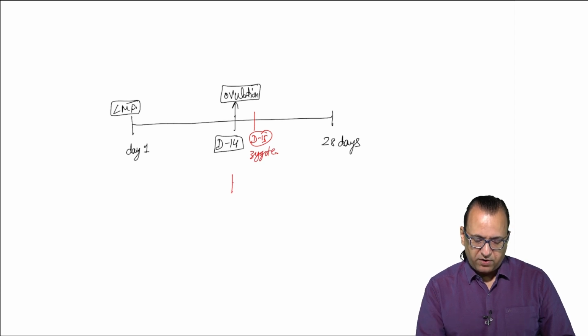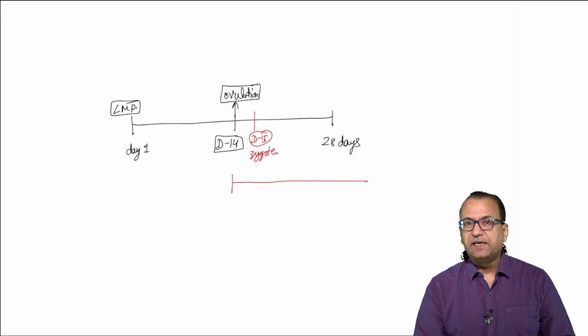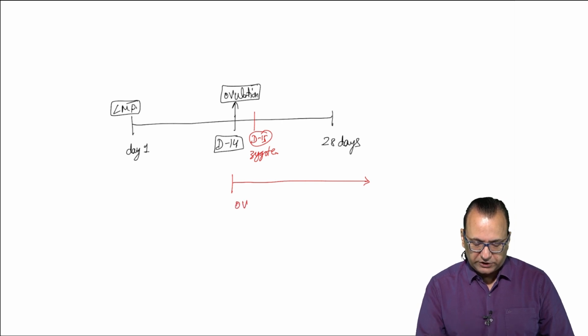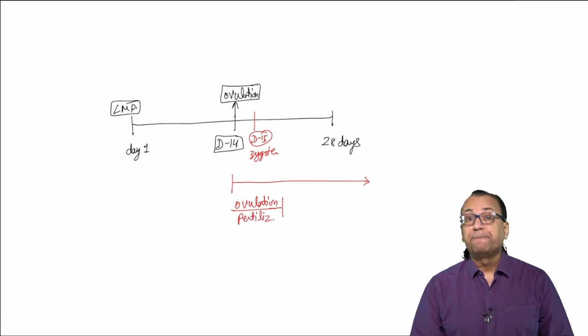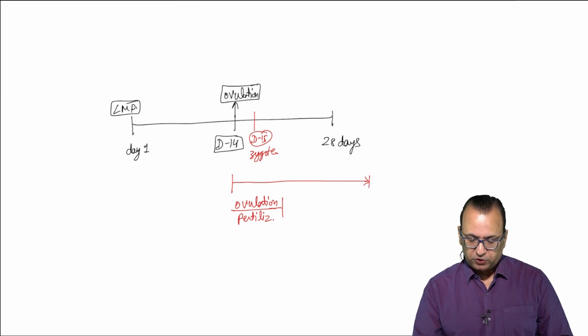The day of fertilization is also the day of ovulation because the very same day the baby is coming, and this is where we will call it the ovulation age, or you can also call it the fertilization age. This is the true age of gestation, and if we calculate it, it is to be taken as about 38 weeks. So 38 weeks is the ovulation age or fertilization age.